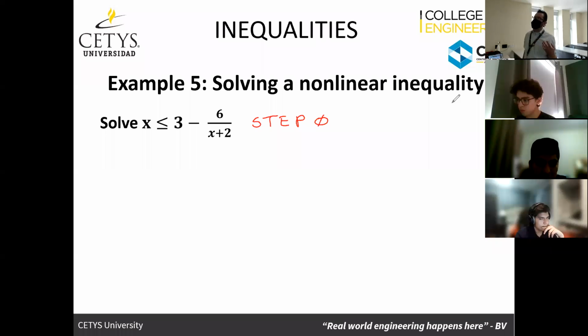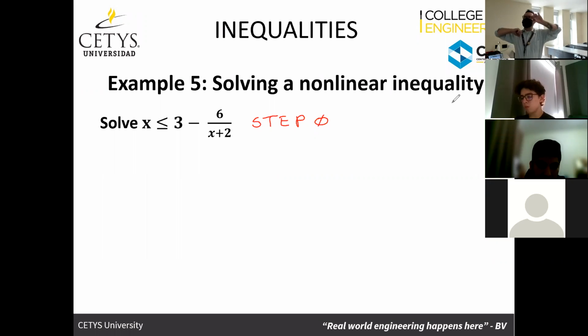The first thing we need to do, which is step 0, is that we need to represent the inequality as a mathematical expression on the left, the inequality symbol, and a 0 on the right. And so we're gonna have to do some algebra here. Now, let me comment on, and I'm gonna write that down in red.